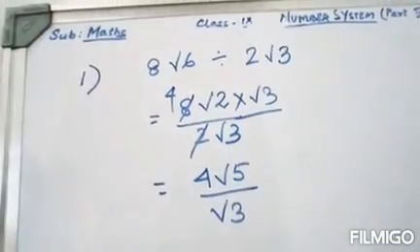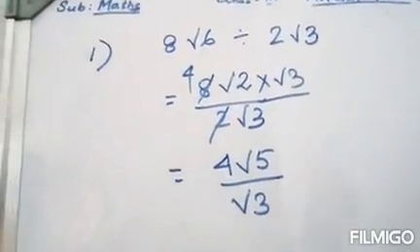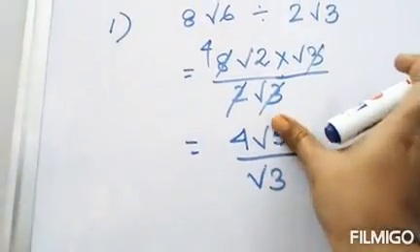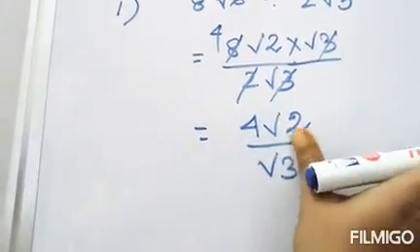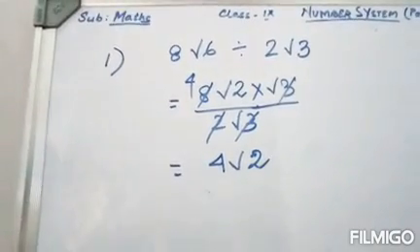Okay, so root 2 into root 3. Now I can operate these two, and this would be the answer then. Understood?